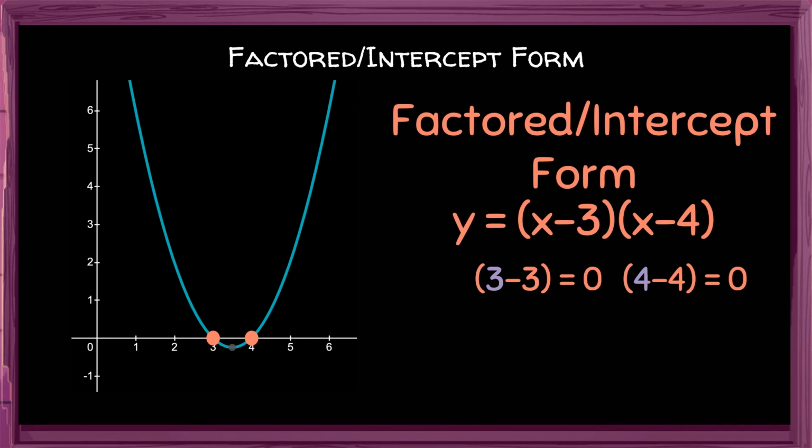Factored or intercept form is so useful when we have to figure out zeros or solutions that we're even going to learn in our upcoming lessons how to take quadratics that aren't written in factored or intercept form and convert them into that form. Because if we start with a quadratic equation in standard form, then knowing how to turn it into factored or intercept form is going to be a huge step toward figuring out its solutions, because it's much easier to figure out the x-intercepts when the equation is in intercept form.